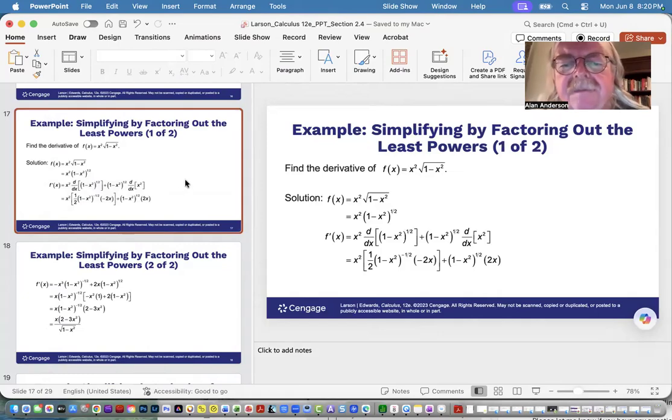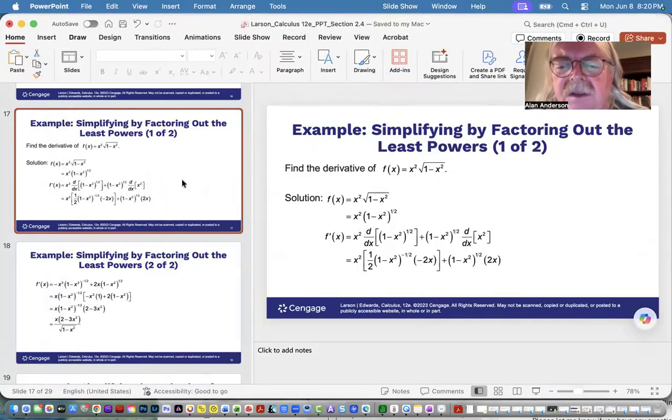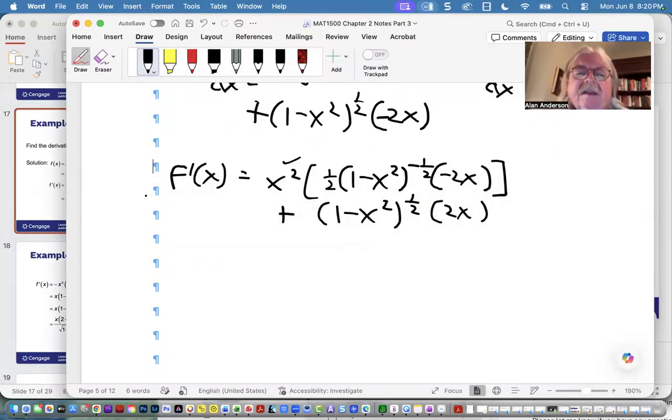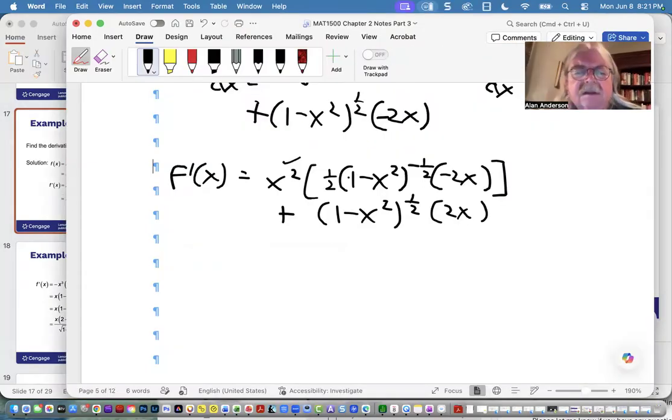We have x squared, 1/2, 1 minus x squared to the negative 1/2, negative 2x, 1 minus x. I think they probably skipped some steps. They've simplified that. You notice how we have here a half and negative 2. No, I guess they didn't factor that out.